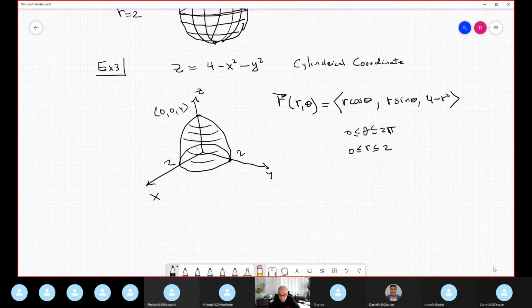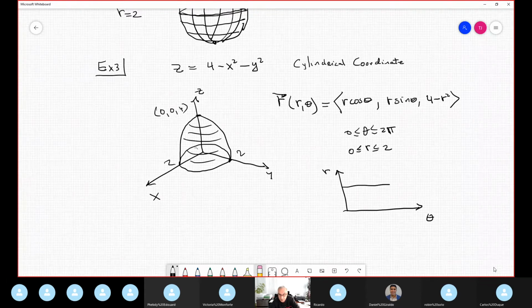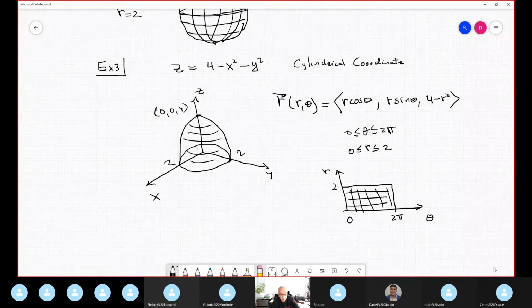And the domain for this parameterization in the theta-r plane is also rectangular, varying from 0 to pi and from 0 to 2. Okay, this is my domain, which represents, under this vector function transformation, the paraboloid point by point.